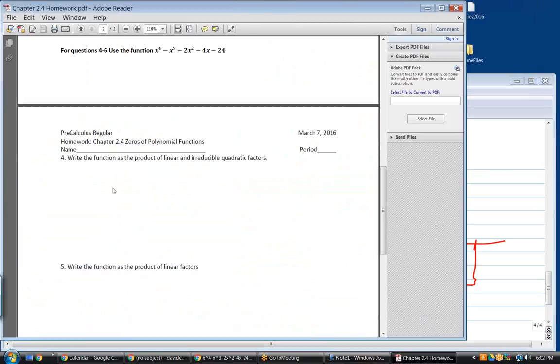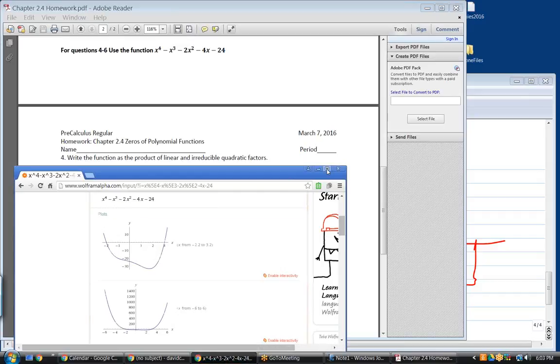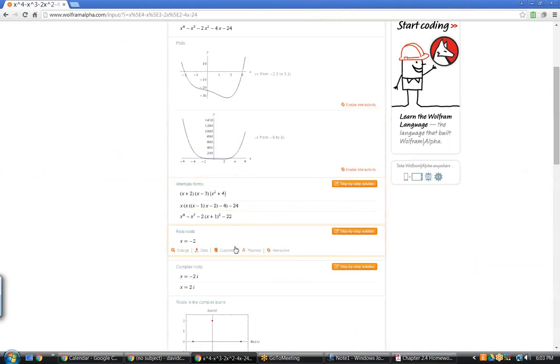And when she said it was okay to use your calculator for this, I guarantee you, she meant it only in the sense of finding your first two zeros. She didn't want you to see these complex roots, which if we put those back together again, we come up with the x squared minus 4, or x squared plus 4.